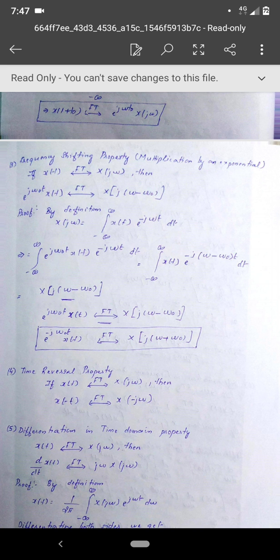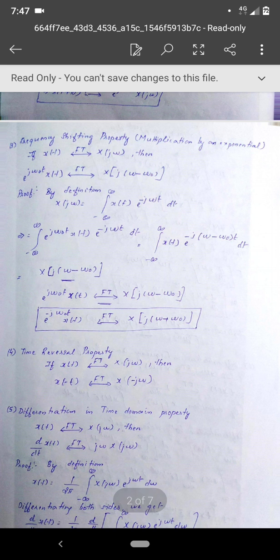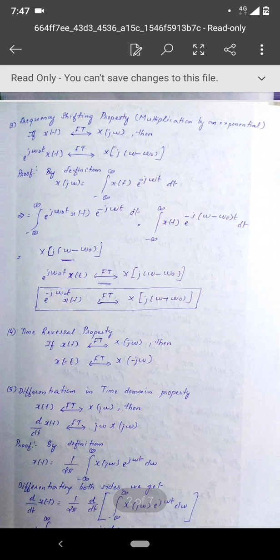That is, we are shifting the frequency of the signal by omega naught. Then what we get in the time domain is that x of t is multiplied by e raised to j omega naught t. We have to take it in that sense.